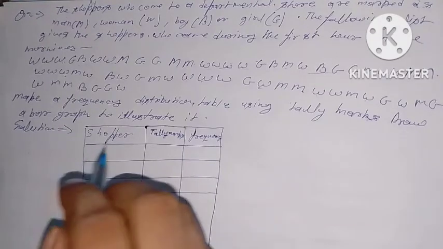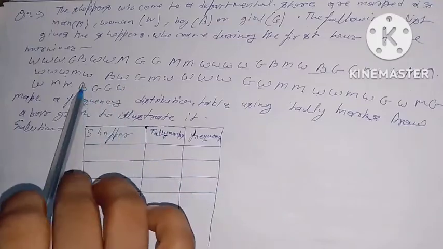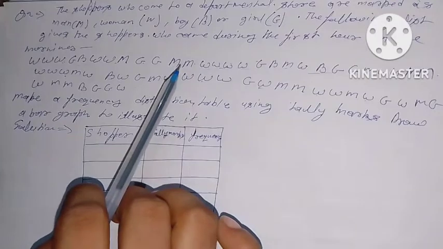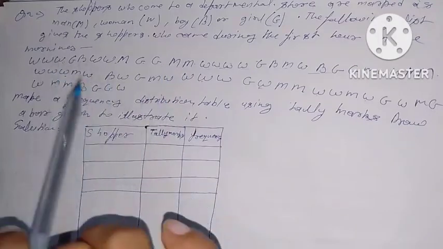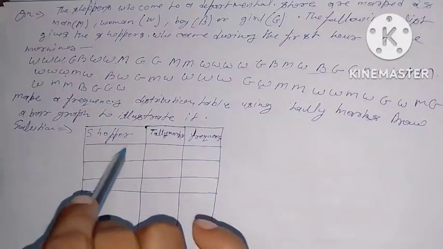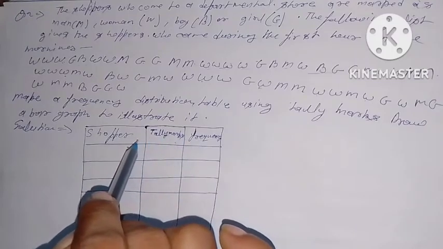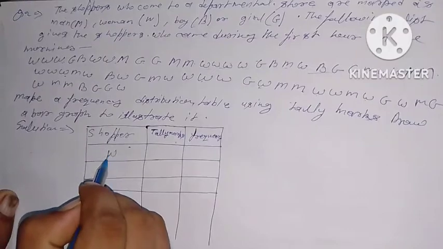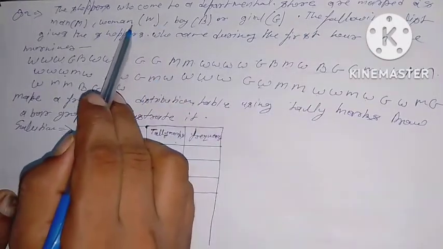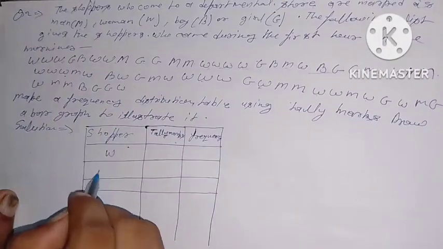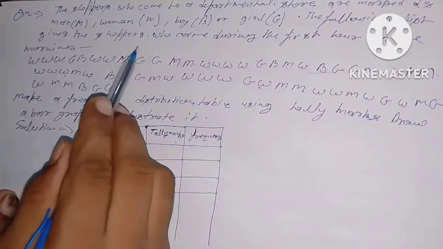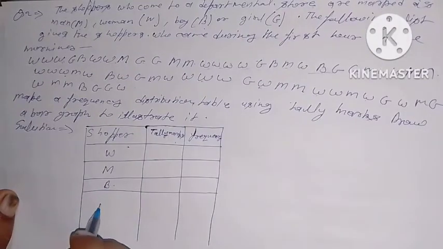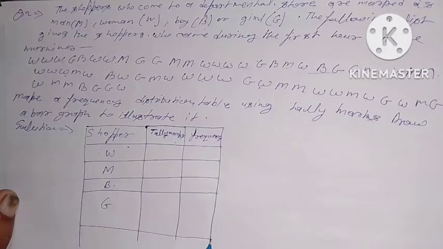By observing the data given above, we can make a frequency distribution table as follows: shoppers, tally marks, and frequency. The shoppers are woman, man, boys, and girls.